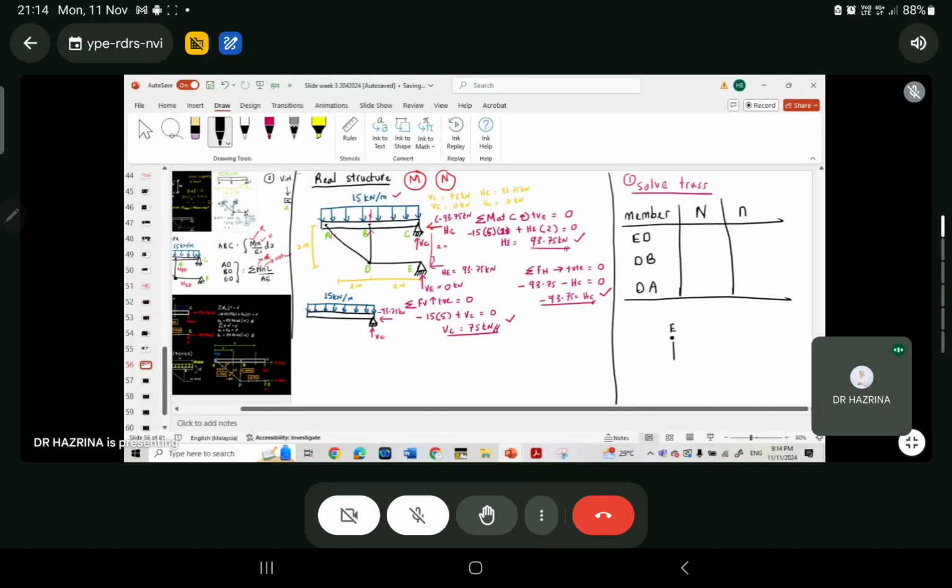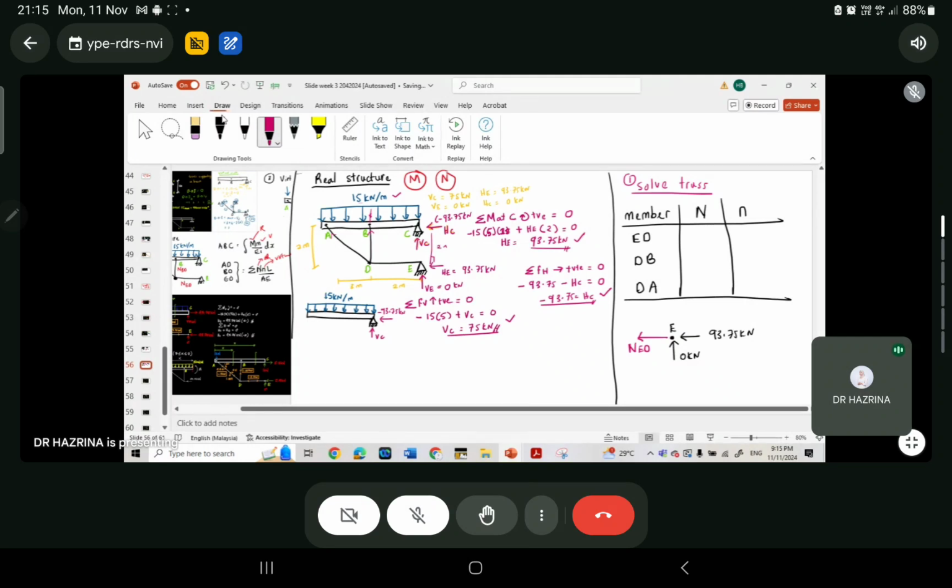So you ada VEU 0 kilonewton, and then in this direction you ada 93.75 kilonewton. So here always kita keluarkan dia, arah keluar. So you have NED. So here you boleh dapat your NED berapa.